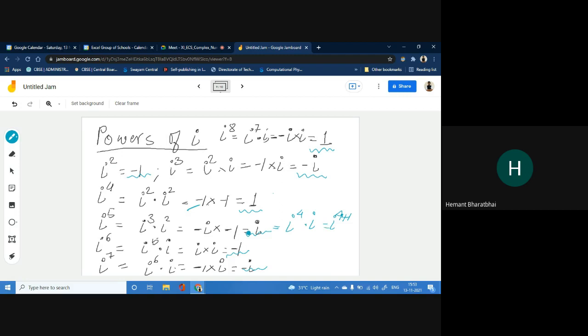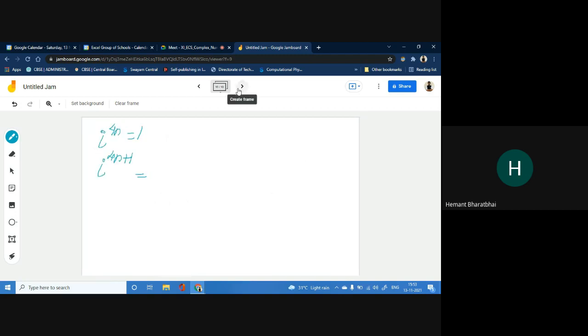Yes or no? So i raised to 4n plus 1. Whenever it is that, it is going to give me the value plus i. So i raised to 4n plus 1 is going to give me the value i.